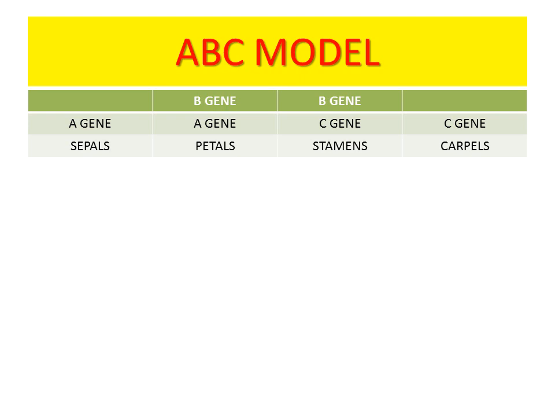It means petals and stamens require two genes, A and B, and B and C respectively, while sepals and carpels require only one gene, gene A for sepals and gene C for carpels.